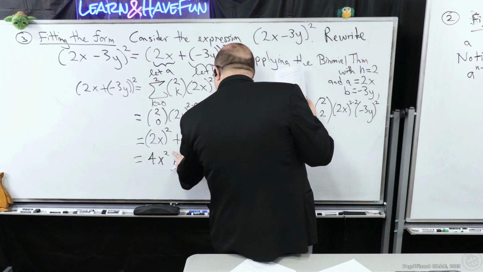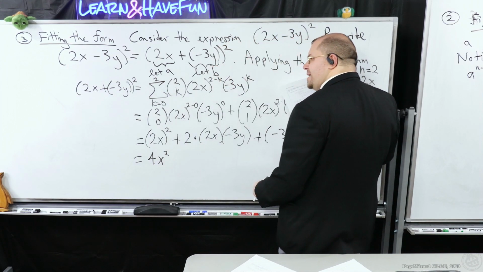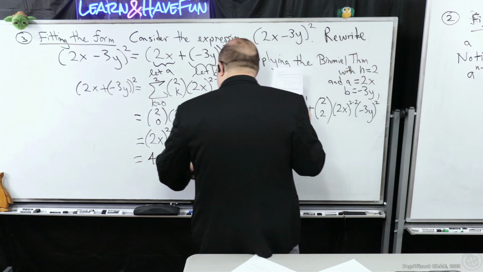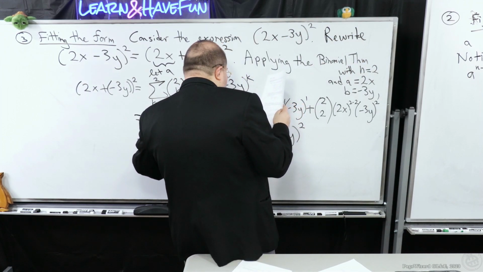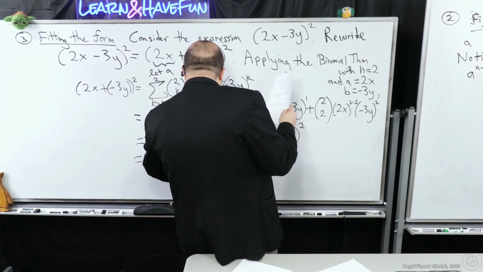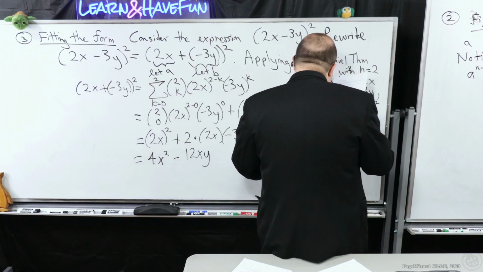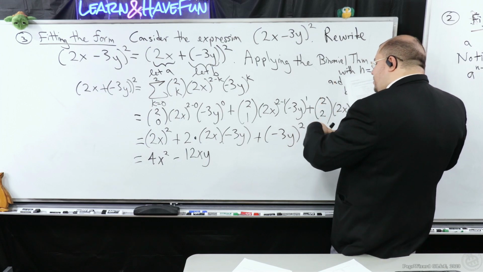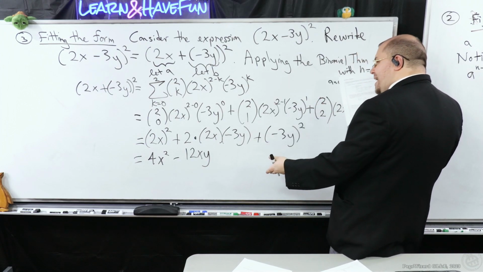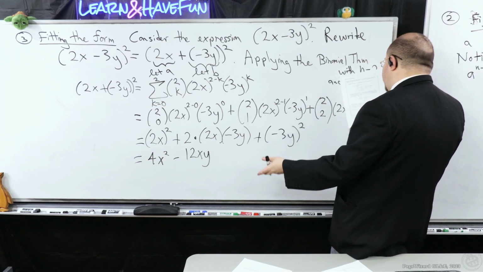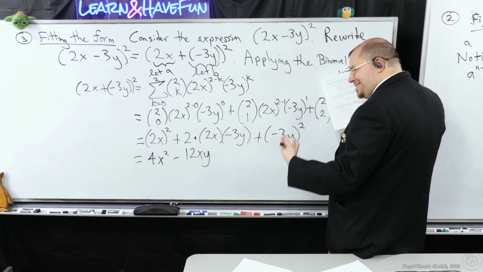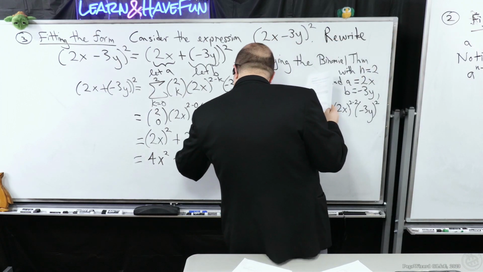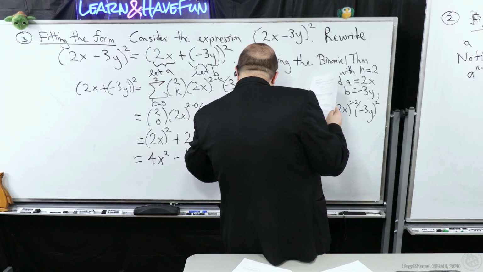So I have 4 times minus 3 is minus 12, right? But it's multiplied by x and y, so it's minus 12xy. And now remember, minus 3y. So this is y squared times minus 3 squared, which is 9, not minus 9. So it's plus 9y squared.